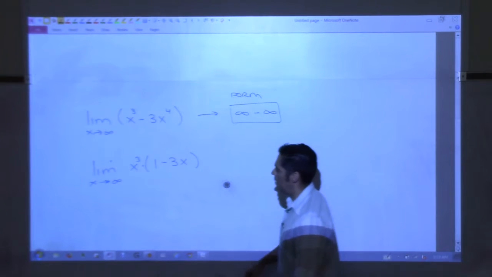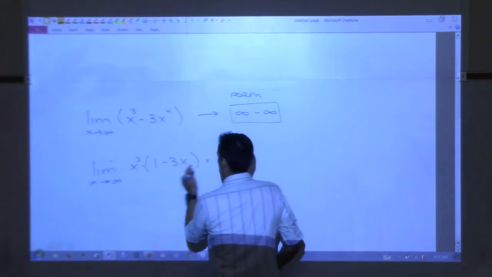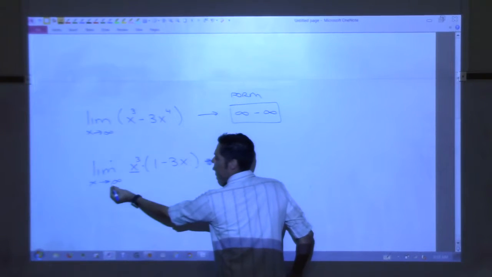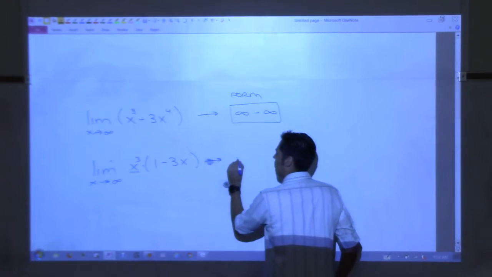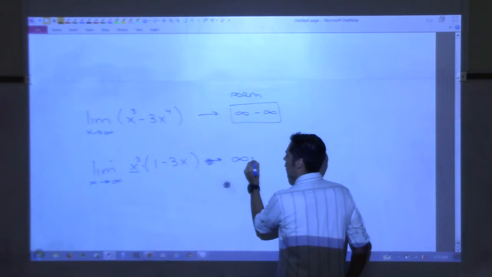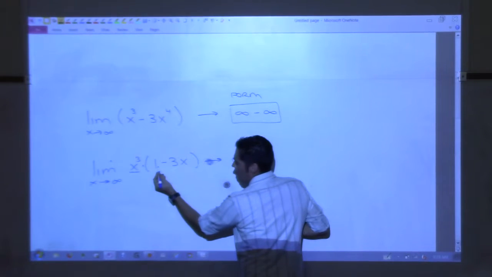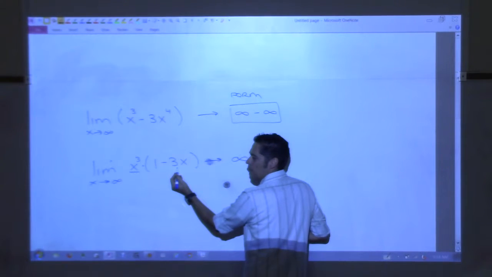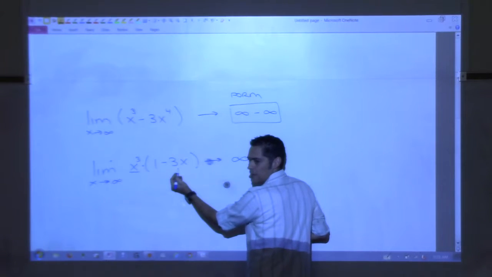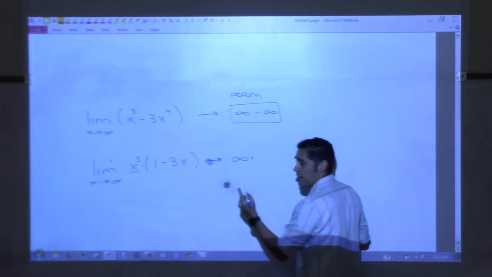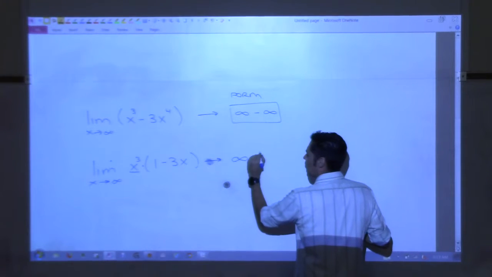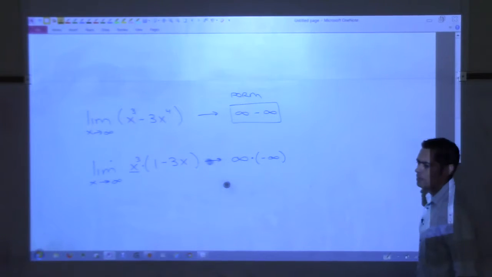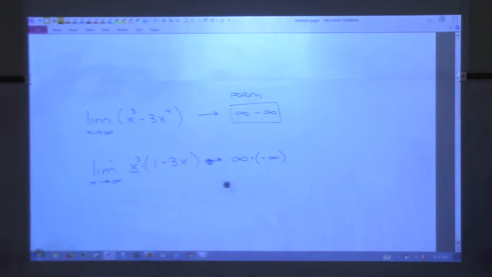But if I tell you I have 2 numbers multiplied, you can actually come up with an answer. So let's try it. What happens here? As we have a big number, right here. This is a big number cubed. It's positive infinity. So that's a huge positive number, isn't it? Times, now look at this. 1 take away what? A big number. That's going to be a big negative number, isn't it? So I'm going to be multiplying this by a big negative number. So what do you get?